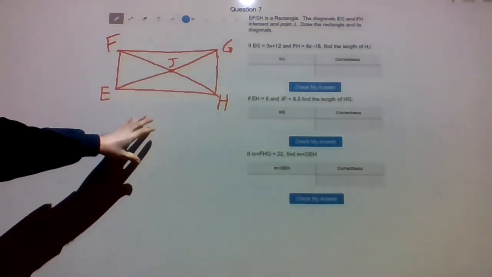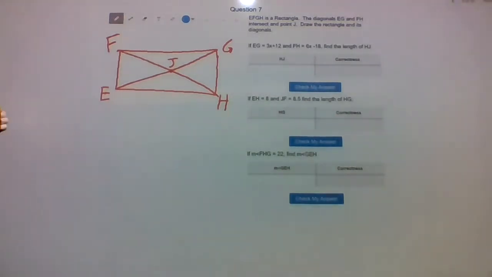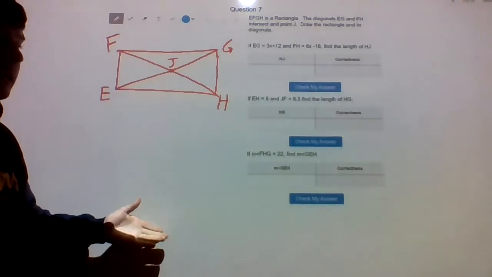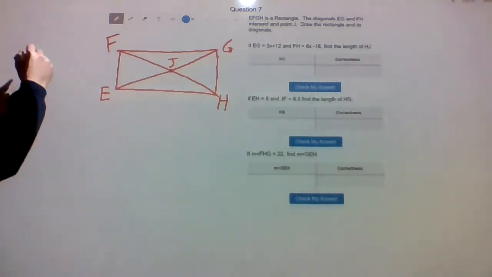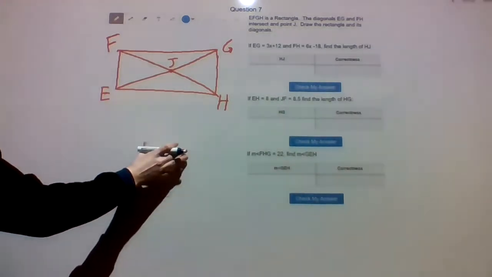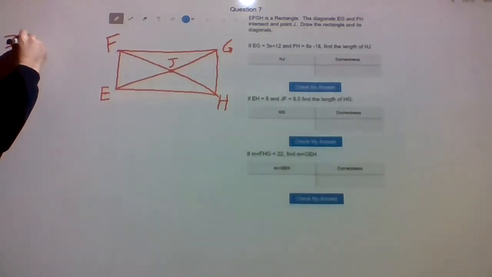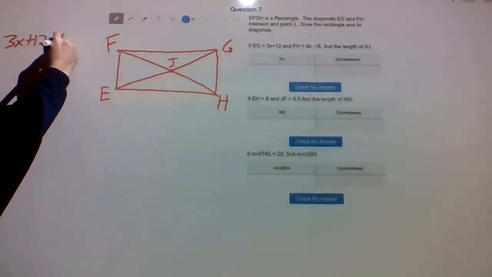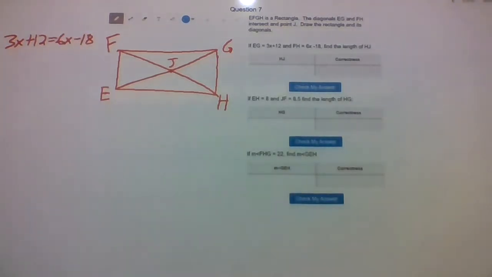Well, those are diagonals, and so if we go back a couple slides and we look at the properties for a rectangle, it's going to tell us diagonals are congruent. So we can set those two values equal to each other. I'll do it over here so we have enough room for our Pythagorean Theorem here. But 3x plus 12 is going to equal 6x minus 18. Those diagonals are equal to each other, right?